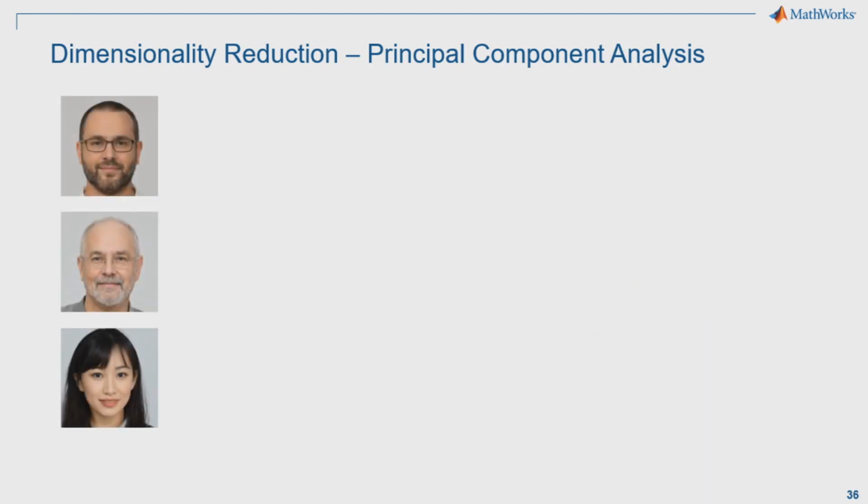So an interesting example where you can use PCA, for instance, is dimensionality reduction of images. Here I took maybe 40 images from this website, which is a website from which we can take images generated by AI algorithms.